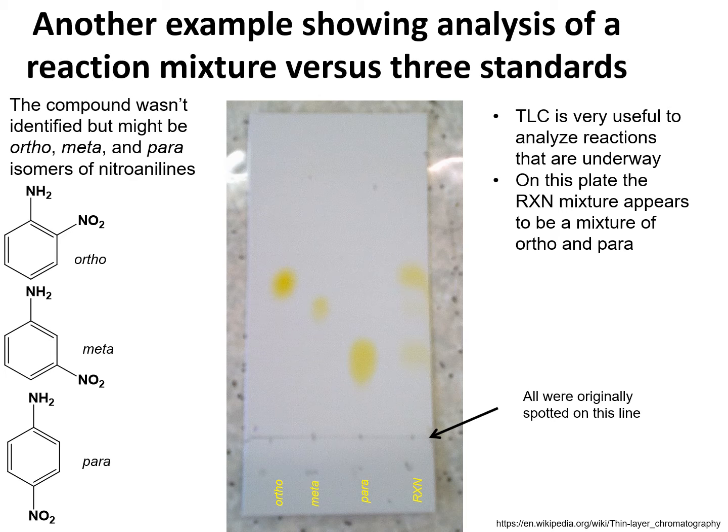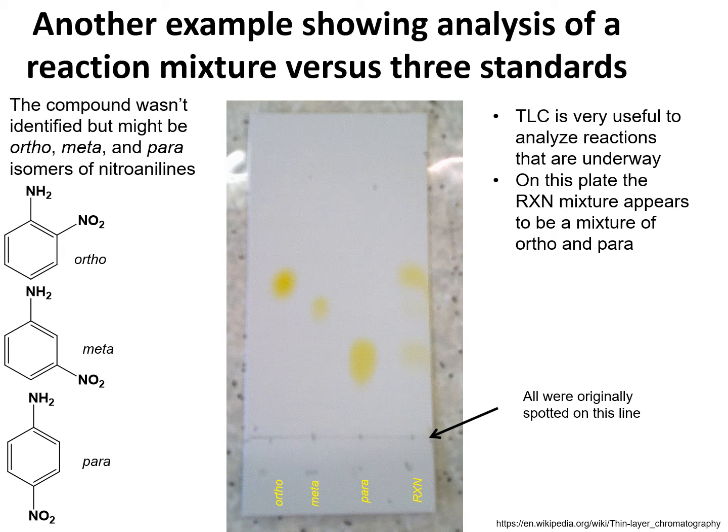This is another good example of a thin layer chromatography experiment, where they try to separate a mixture of 3 similar compounds, the ortho, meta, para nitroaniline. This is where we appreciate the application of thin layer chromatography. On the right side, the first spot is an unknown compound, which contains all three compounds.